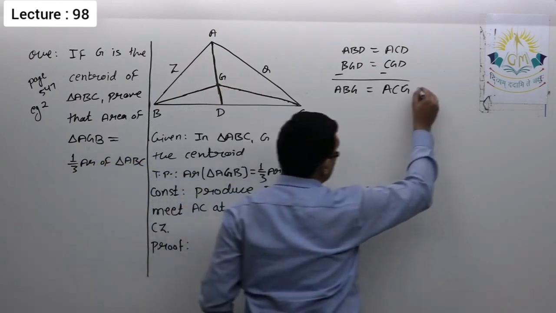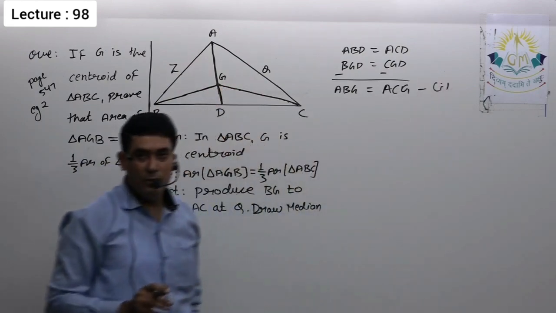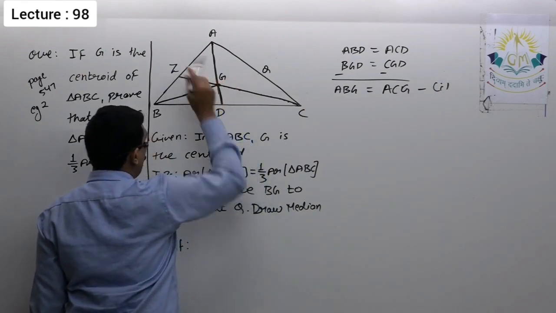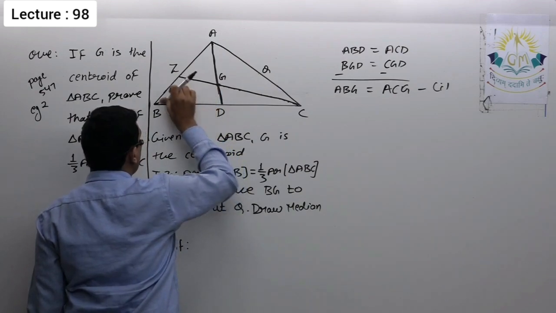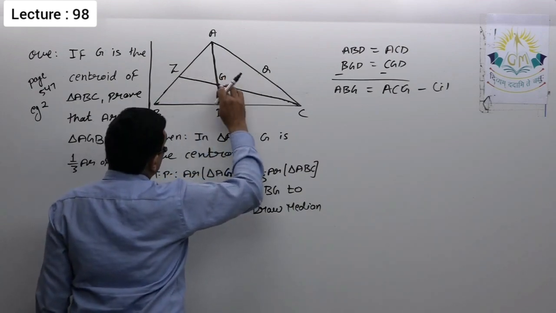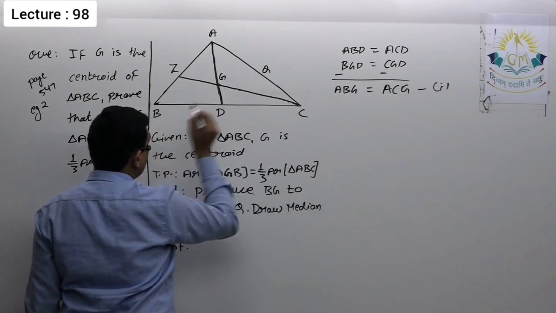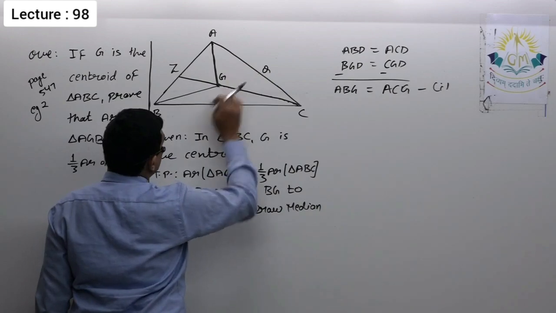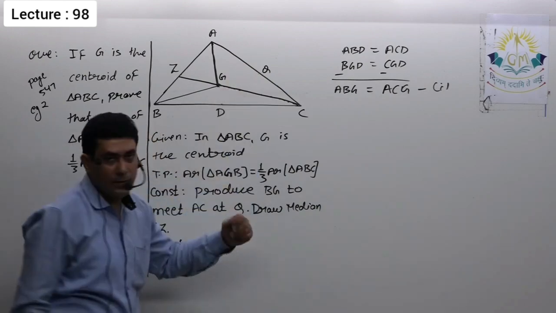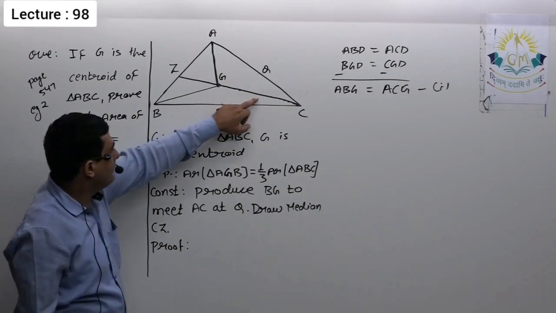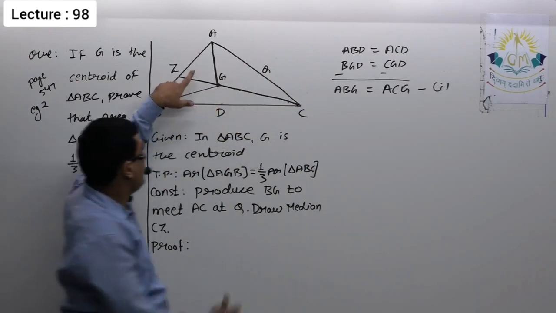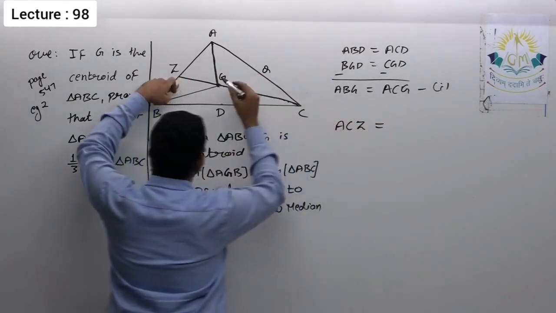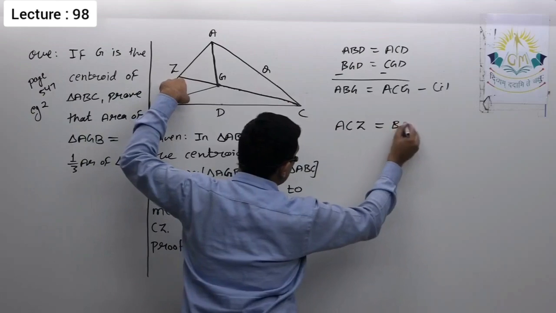Similarly over CG. Let me say this is my equation number 1 for a while. Now if I produce this, and now let me remove this again for your better understanding. Okay, now again if I apply the same method or same concept, that CZ is a median, so area of triangle ACZ will be equal to area of triangle BCZ, isn't it?